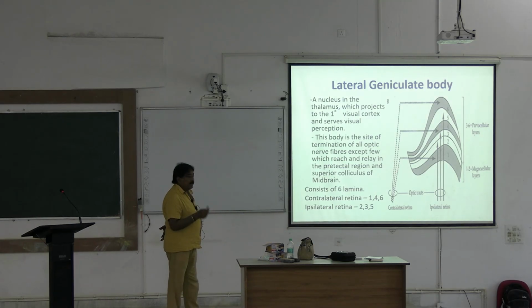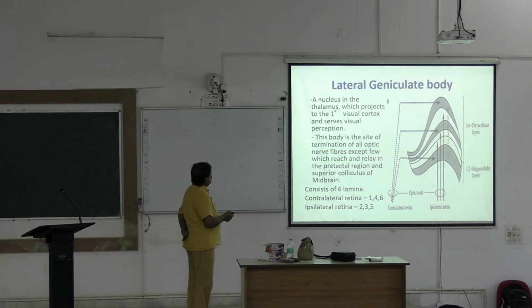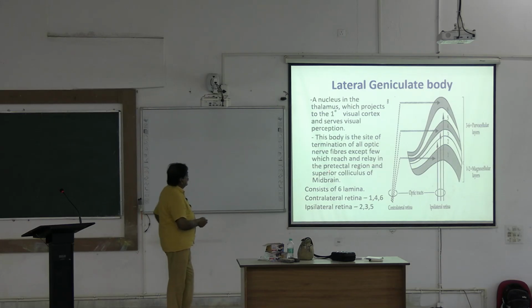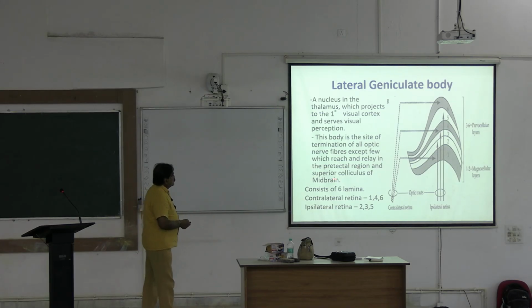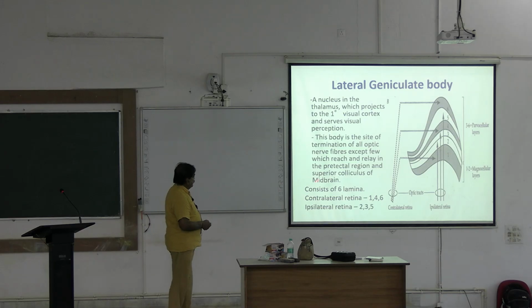Now, lateral geniculate body, a nucleus in the thalamus which projects to first degree visual cortex and serves visual perception. This body is the site of termination of all optic nerve fibers except a few which reach and relay in the pretectal region, superior colliculus of the midbrain.